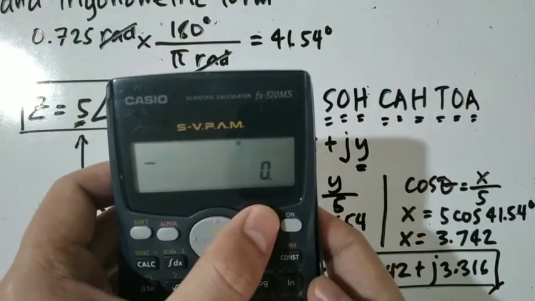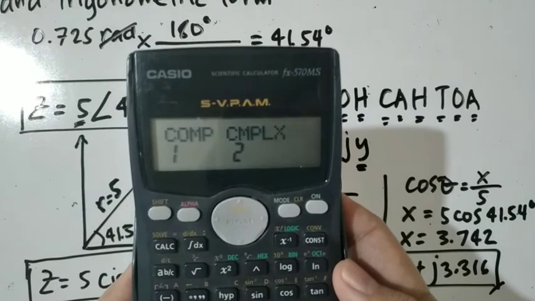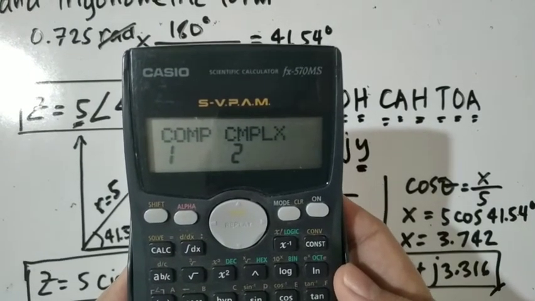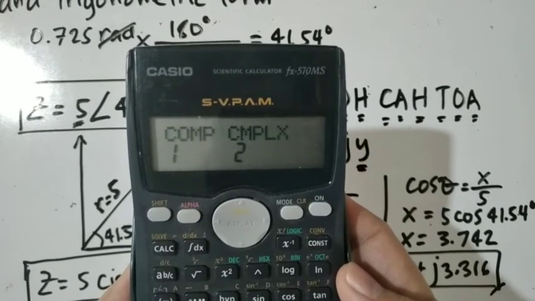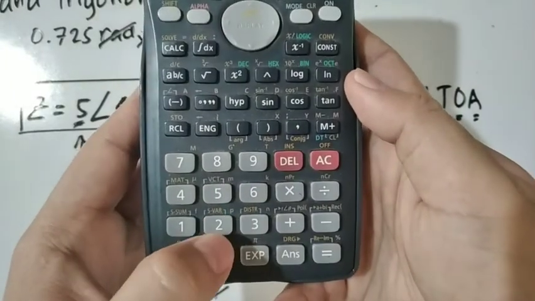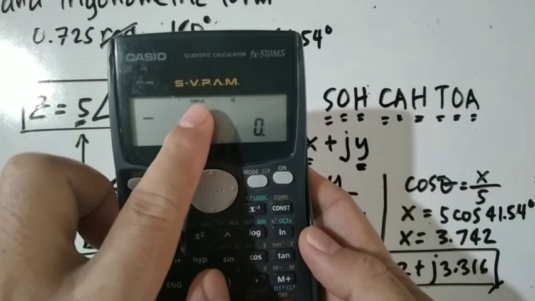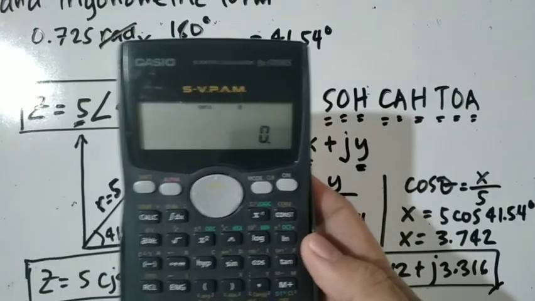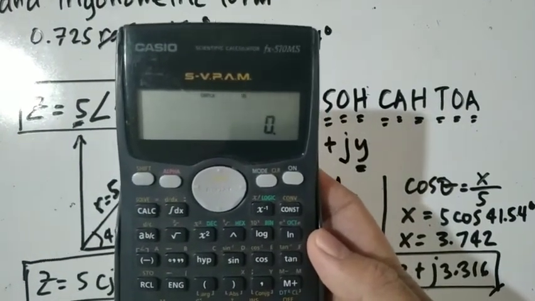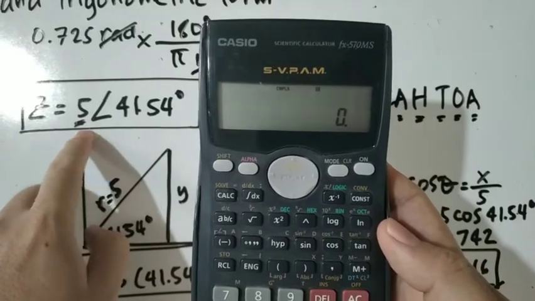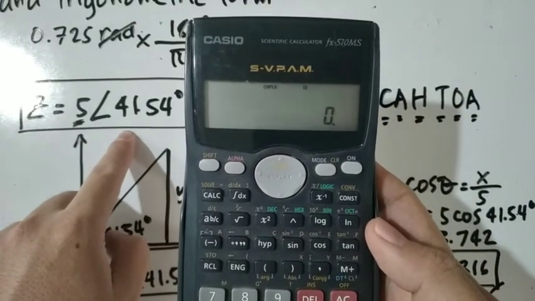So you press MODE, and CMPLX represents complex number, so I will press 2. As you can see, it's now in complex mode. And then I will type in 5 angle 41.54.